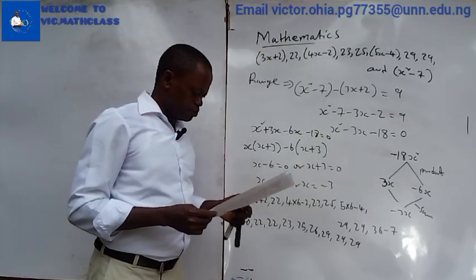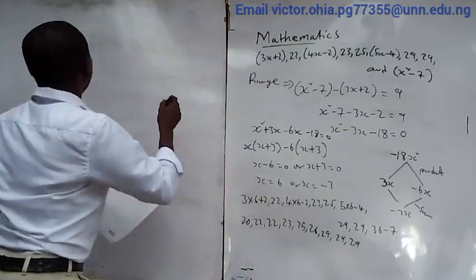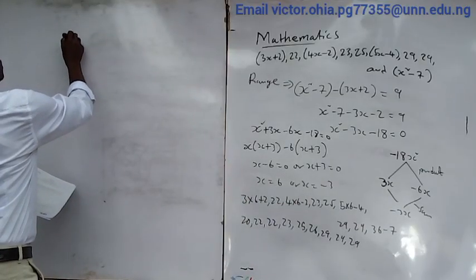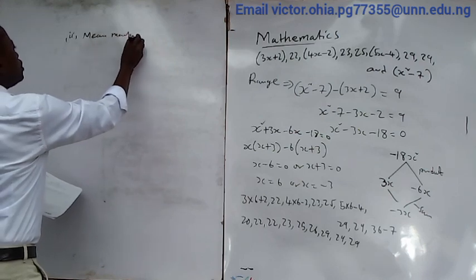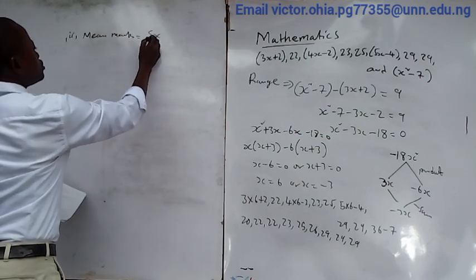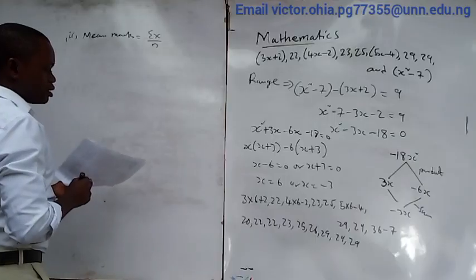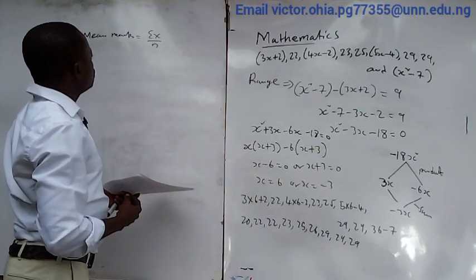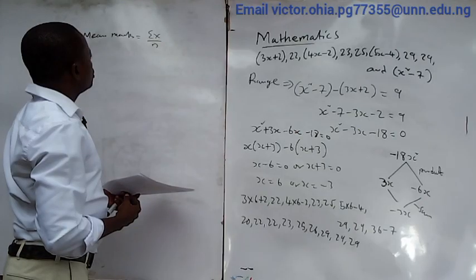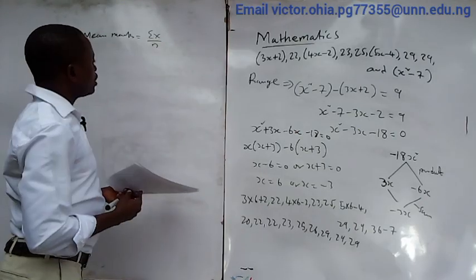The mean mark of the applicants, II. Mean mark is summation x over n, because it doesn't have frequency; it's ungrouped data. So you just add them and divide by how many they are.